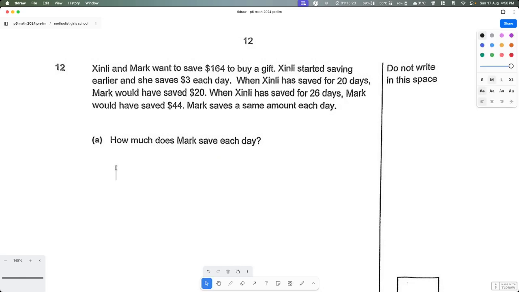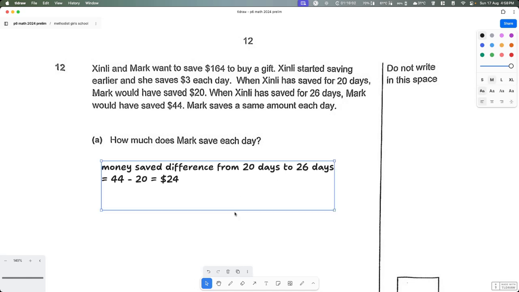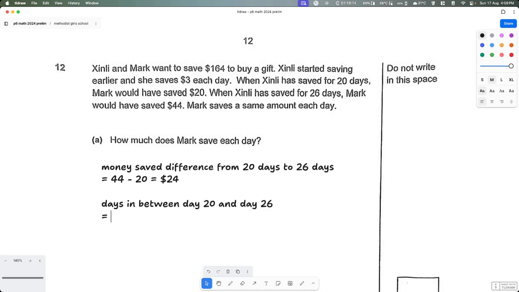So for part A, we know that the difference in money saved from day 20 to day 26 is equal to 44 minus 20, which is $24. The difference between day 20 and day 26 is 26 minus 20, equal to 6 days.